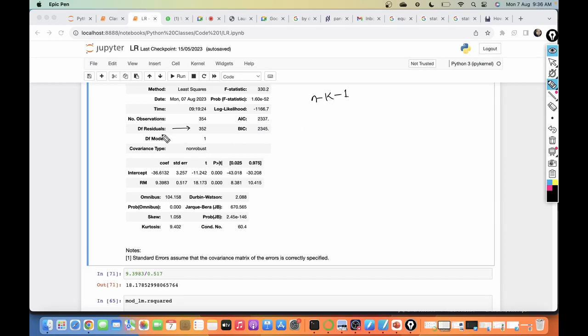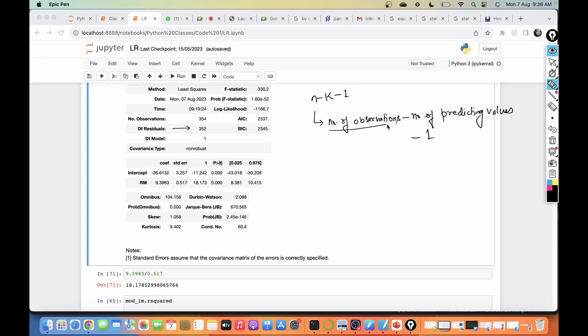What does it mean for the degree of freedom of residual? In the formula, n stands for the number of observations, minus the number of predicting values, minus 1.